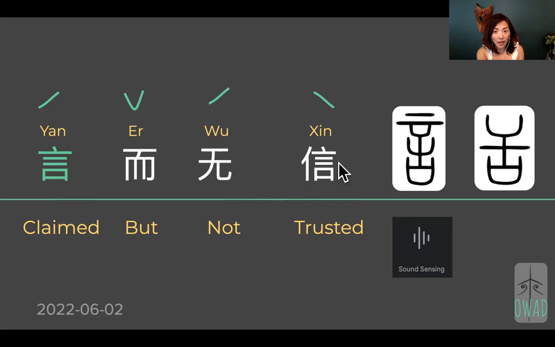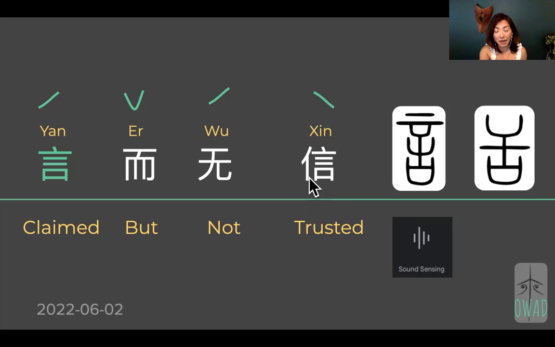So this is 信. In the formation of this character, it has the sound character on the right, the majority side. And on the left side is a simplified human figure. The full human figure stands balanced, but when it's part of another character, it is simplified and stands on the side, kind of like this, right?